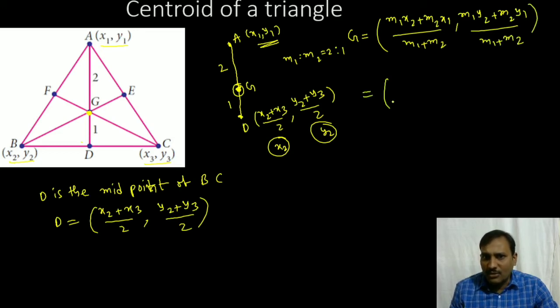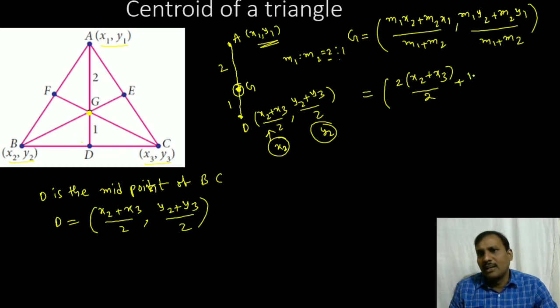That is equal to, m1 we know is 2, into x2. What is x2 in place of x2? You can write (x2 plus x3) by 2, plus m2x1. m2 is 1 into x1, by m1 plus m2.